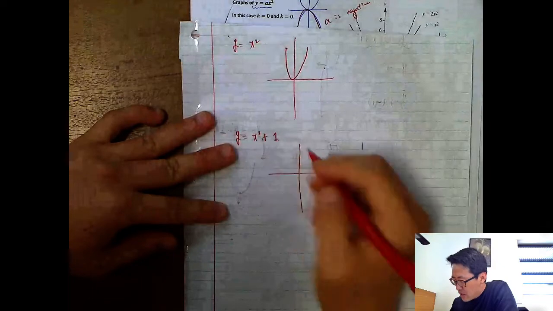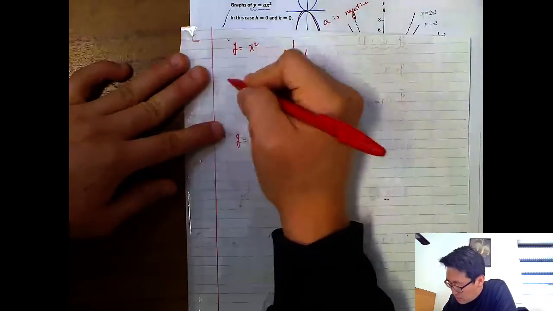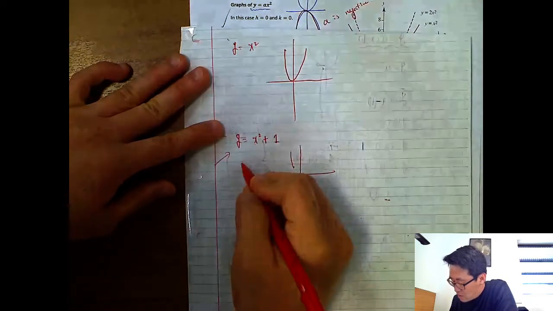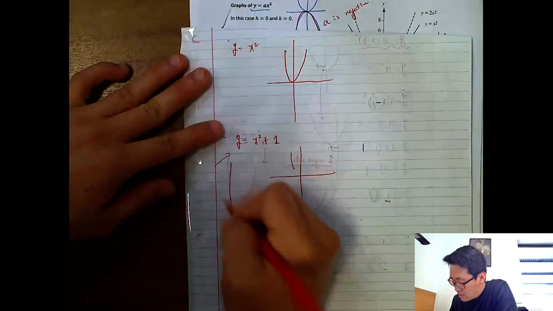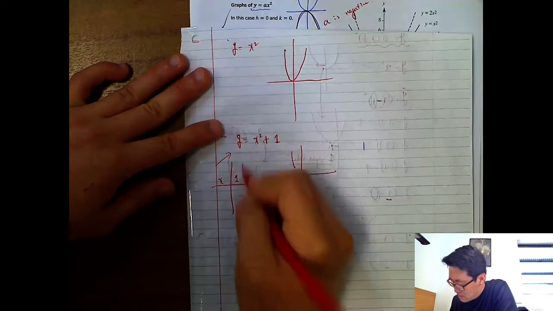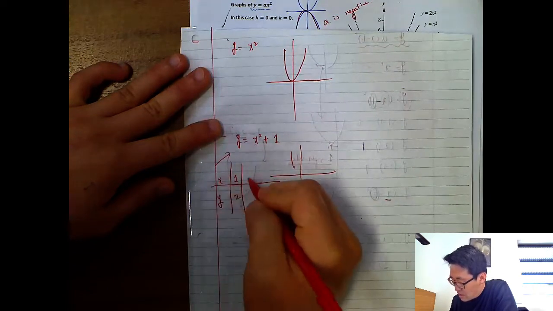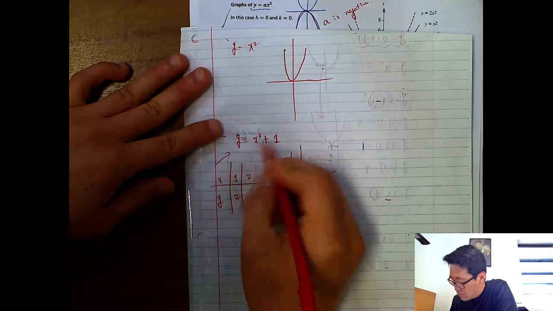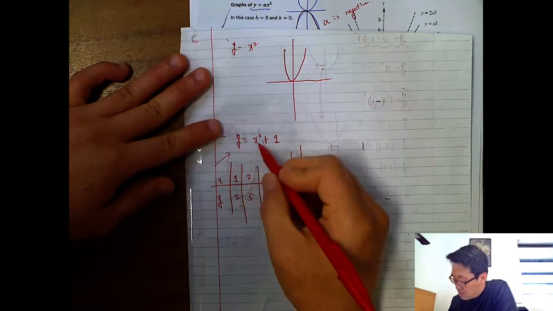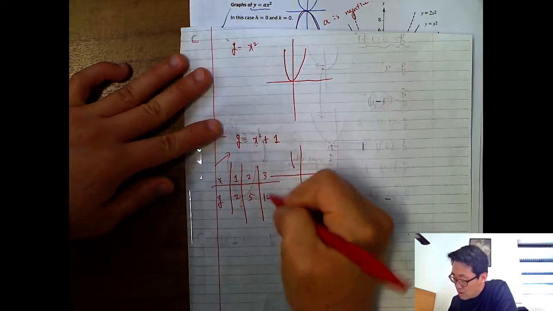So y equals x squared, we've done that. Let's plug in the numbers. When x is 1, the y value is 2. When x is 2, 2 squared is 4, plus 1, 5. 3 times 3, 9, plus 1, 10.